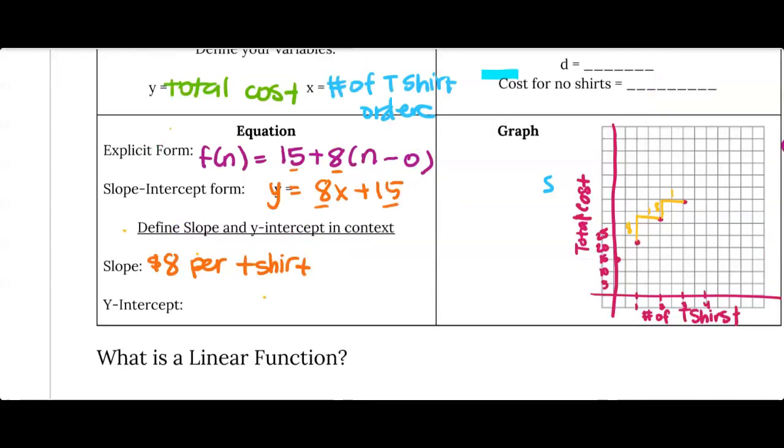The y-intercept is, of course, where the graph touches the y-axis, so it is $15, and that's just your charge to order no shirts. It's your setup fee or your base cost, just like with the tow truck.